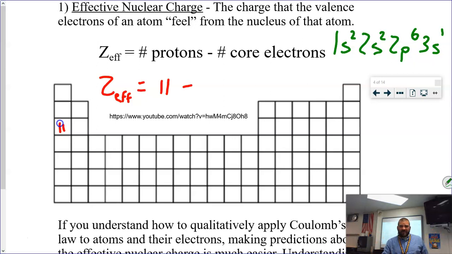More specifically, in terms of using the electron configuration, the valence electrons are going to be our highest energy level, s and p electrons. So what's the highest energy level we reached? 3. Do we have s and p electrons in the third energy level? We do, just the one, right? So this right here is valence.